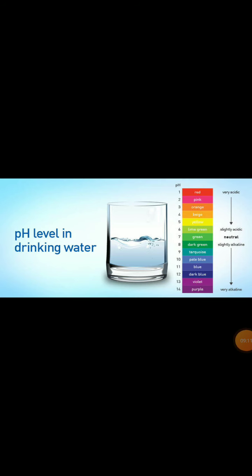So by using universal indicator, we can easily identify whether water is contaminated or not, whether impurities are there in the water or not. Because the pH of pure water is 7, right? It is neutral. So if it is more or less, then we can easily come to know about the impurities.